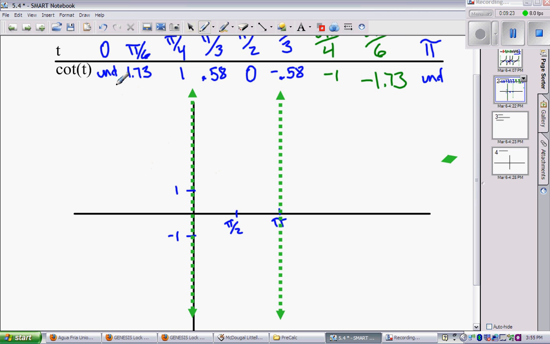So, at 0 we're undefined. At pi over 6 we're at 1.73. Pi over 4 we're at 1. Pi over 3, 0.58. Pi over 2, 0. 2 pi over 3 turns to the negative side. 3 pi over 4 is negative 1. 5 pi over 6 negative 1.73, and then it goes to undefined.